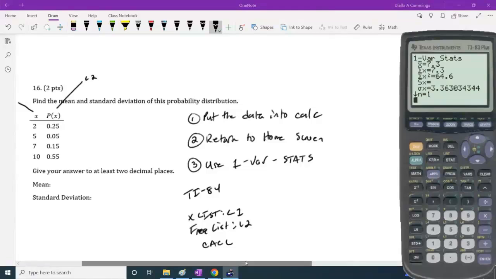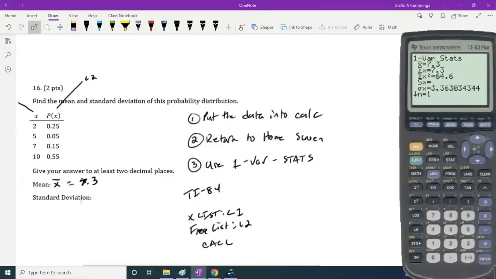Okay. So what is our mean? Well, remember the mathematical symbol for the mean, whether we're talking about a sample mean or a population mean, is x bar. What's the standard deviation? 3.36.